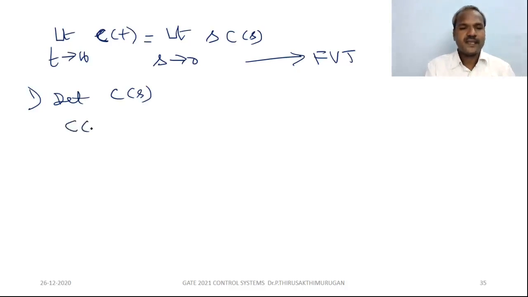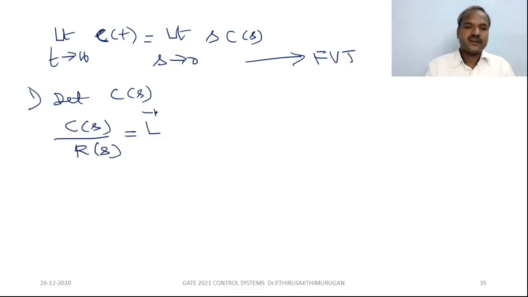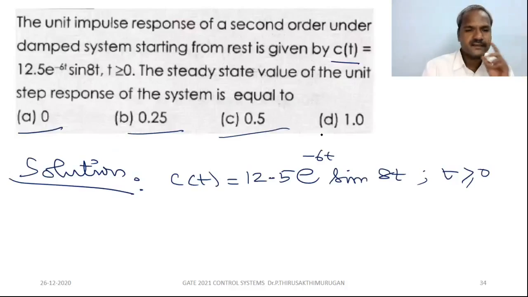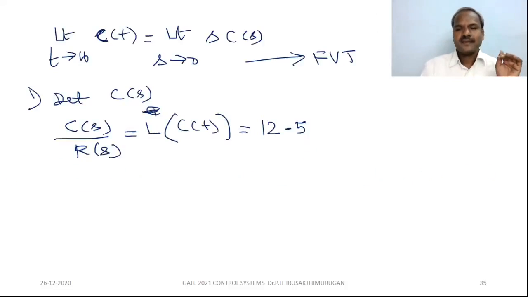So C of S by R of S equals the Laplace transform of C of t. So what do you get? 12.5. What is the Laplace transform of e to the power minus 6t sine 8t? We can apply one more property. What is that?